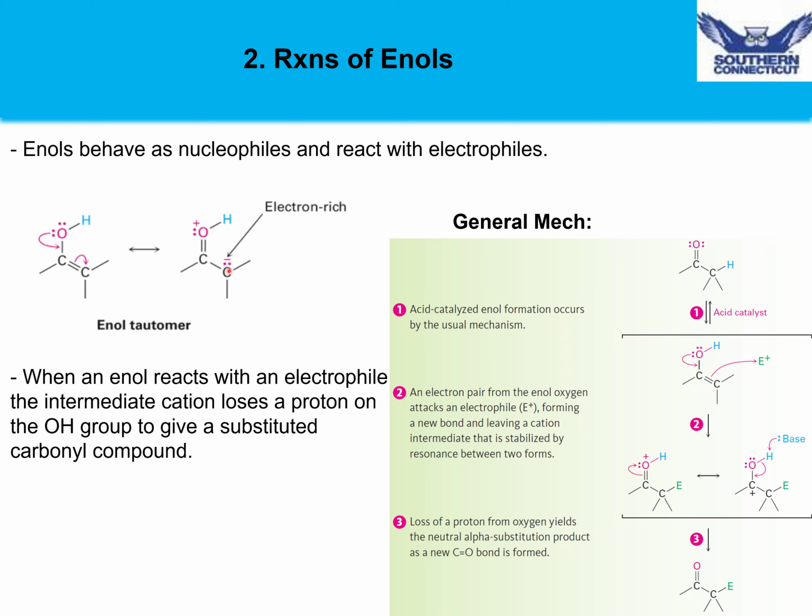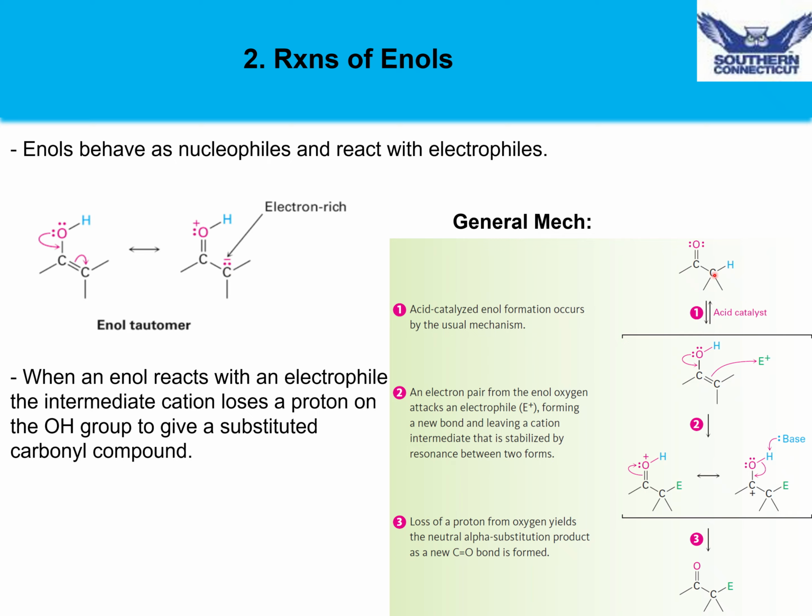That means that enols are nucleophilic, or electron rich, at that carbon, and so they can react with different electrophiles that would add to that carbon. Removing this hydrogen after the addition of an electrophile to the alpha carbon will give you a ketone that has a substituent here.